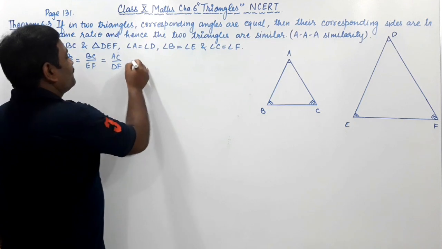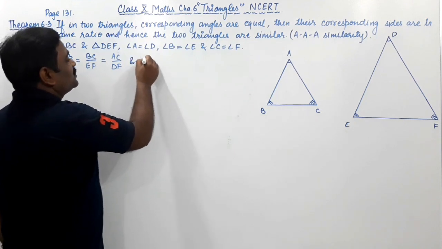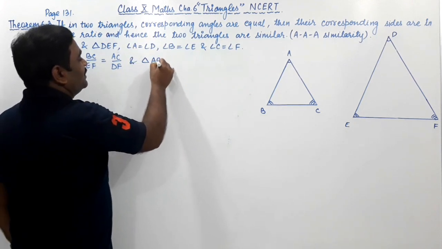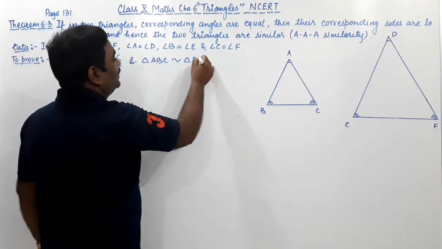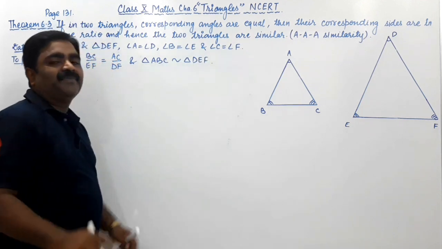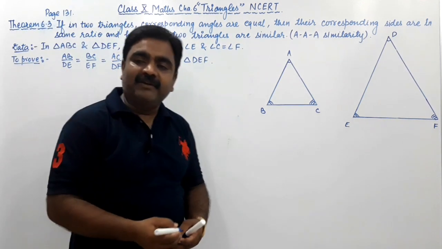It means we have to prove this is also triangle ABC is similar to triangle DEF. So there are two related things which we are going to prove.